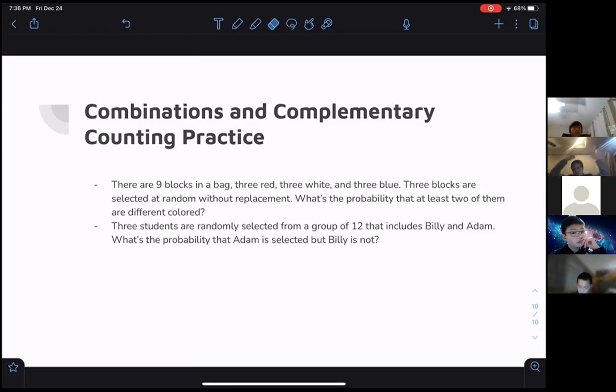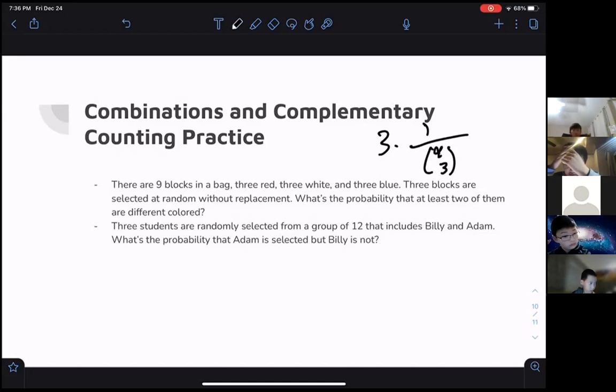Alright, okay. Now somebody got the first one right. I'll just quickly go over that. So what's the complement? The complement would be all three blocks being the same color. Well, there are three color choices for what color that common color of all three blocks is. And then we can just treat it as 1 over 9 choose 3 in each case.